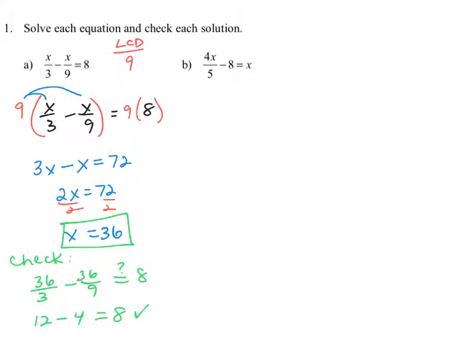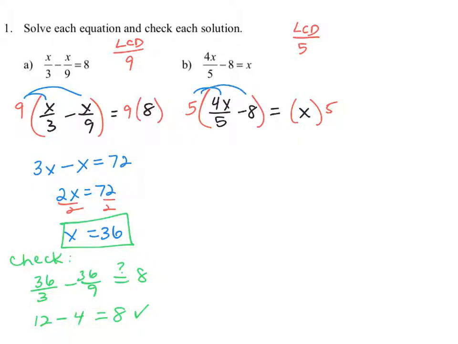We're going to do the same procedure for example B. 4x over 5 minus 8 equals x. The LCD is 5. So we're going to multiply both sides of the original equation by 5. Multiply the whole left side of the equation by 5 and the whole right side of the equation by 5. We are going to distribute the 5.